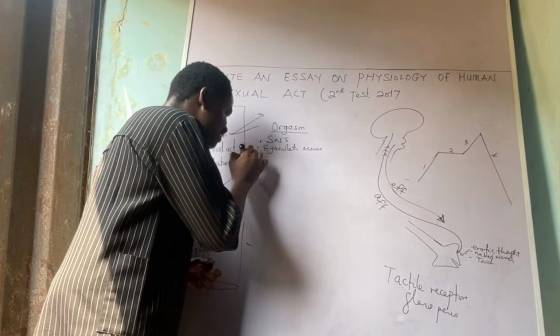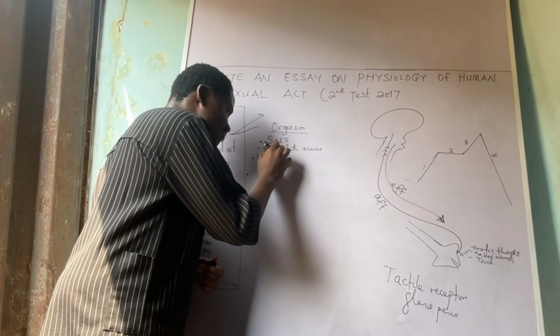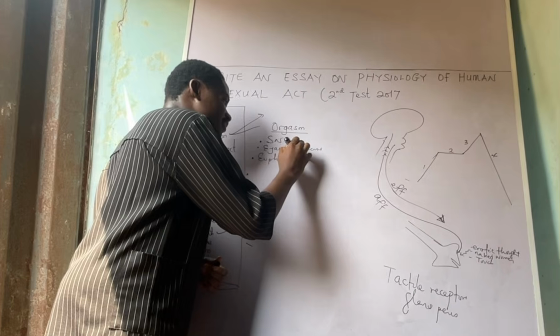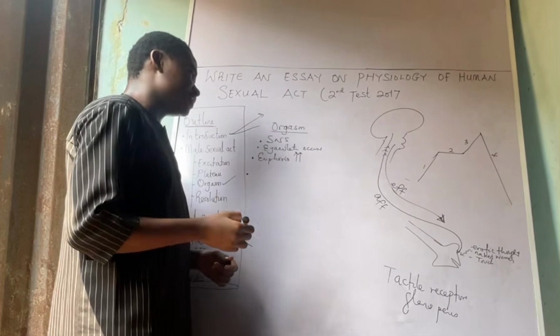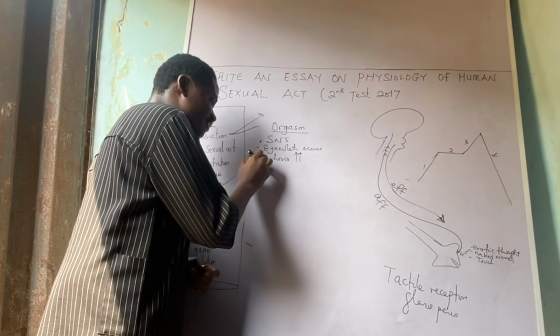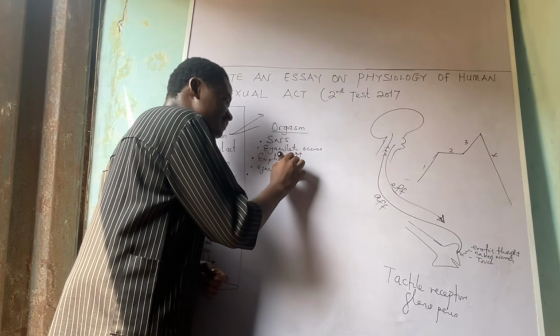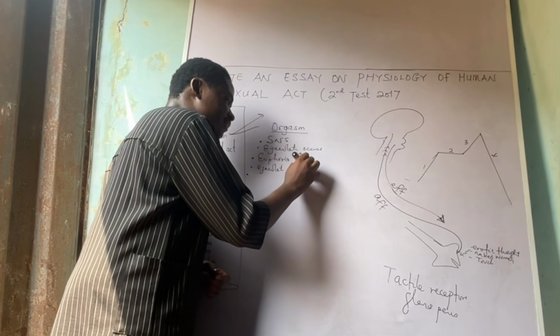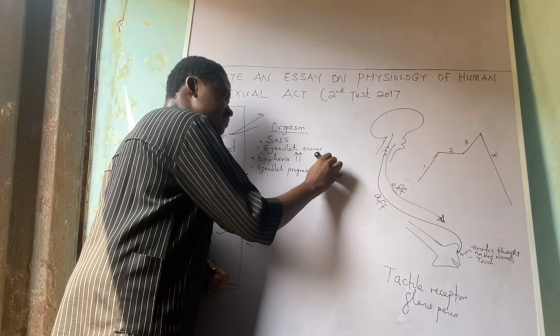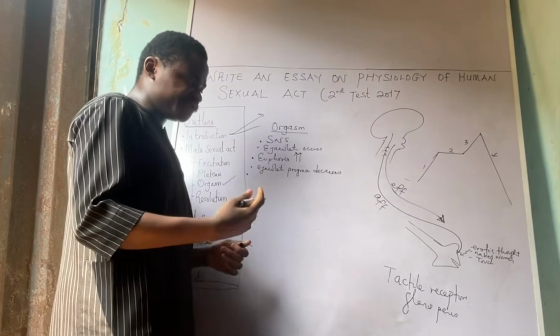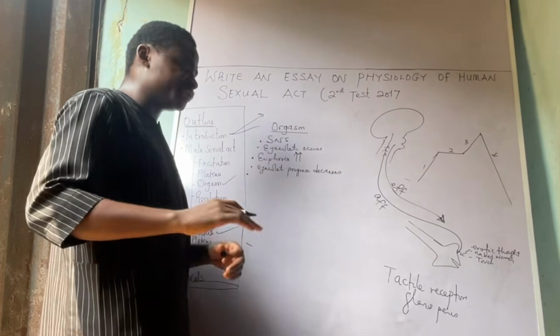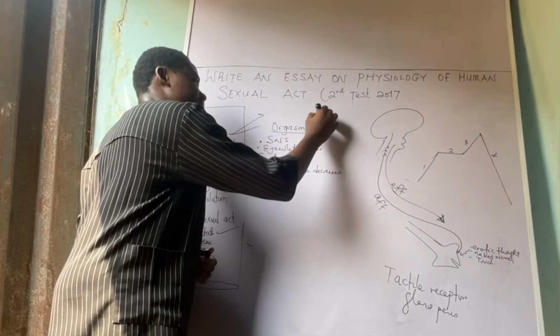Remember, euphoria increases also. Also add that for every ejaculation, the volume progressively decreases. So the first is the highest, and then subsequent ones will reduce. That is for orgasm.